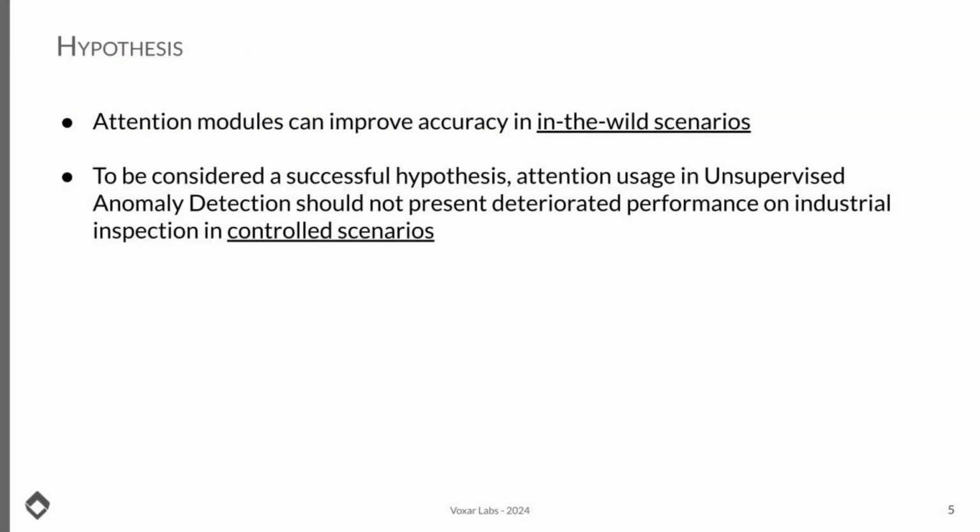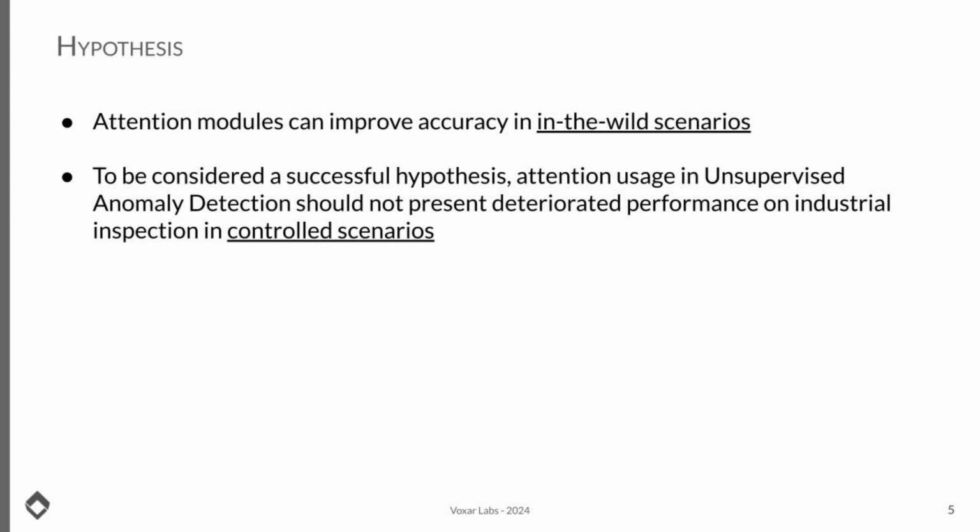The main hypothesis of this work is that attention modules can improve the accuracy in the wild scenarios. But how can we choose the best model to add those attention modules? We noticed that the DifferNet method achieved the best out-of-the-box results in the InsPLAD-fault, which is a power line inspection dataset.